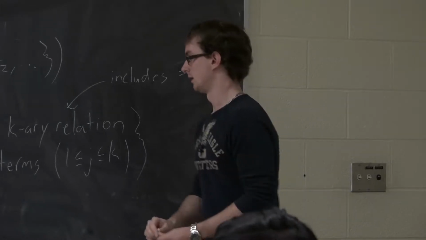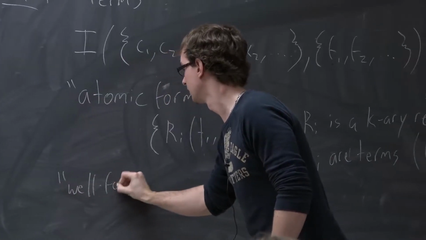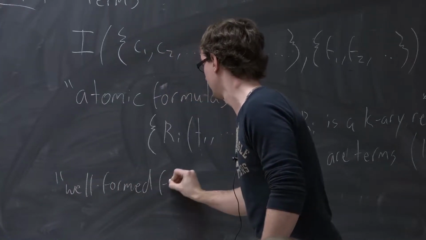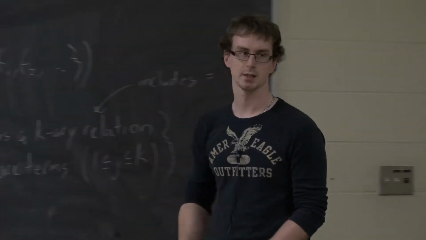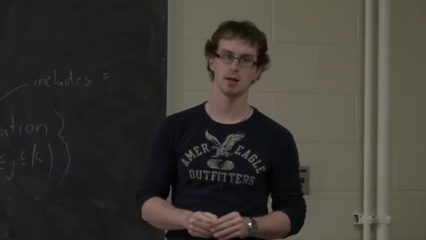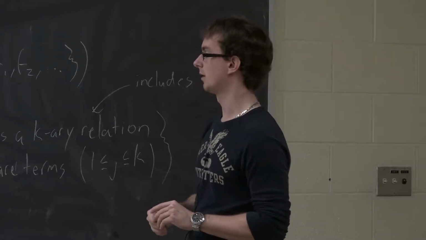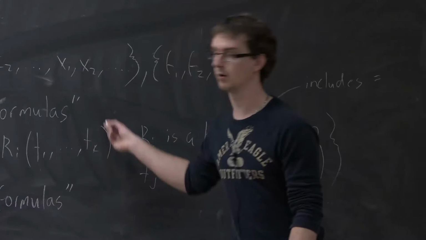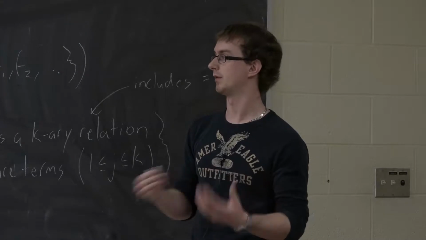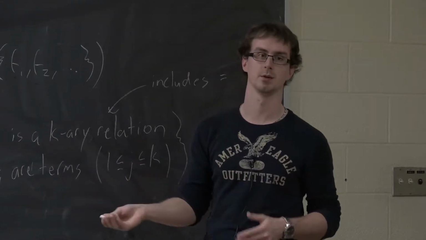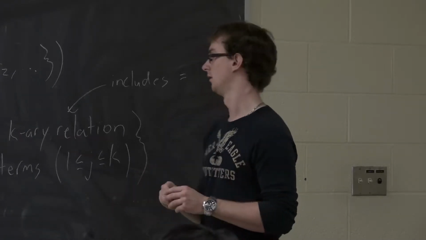Okay. Then lastly, we have our well-formed formulas. Basically, the well-formed formulas are going to be the same as they were in propositional logic, except now our core elements are going to be the set of atomic formulas, and the operations we can apply to these atomic formulas are going to be all of the same ones we've seen so far, our logical connectives, but then we're also going to have these quantifiers for all and there exists thrown in as well.